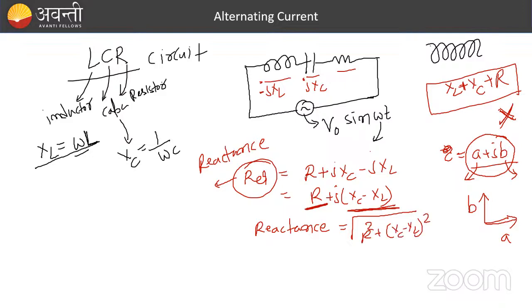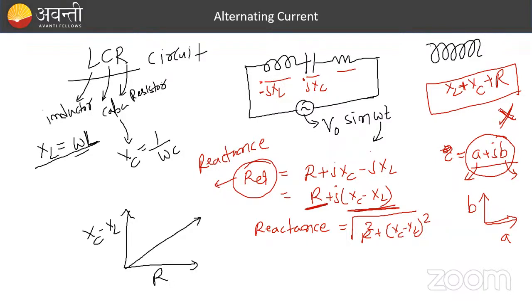This is real. Now what does it have to do with the phase? तो देखो यहाँ पे phase कैसे बनाओगे? ऐसे कुछ axis बना लो. मैंने बोला x component is R, so draw R along this. Y component is XC minus XL. Equivalent of these two will be something like this.